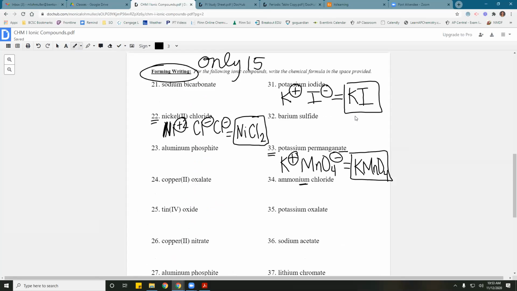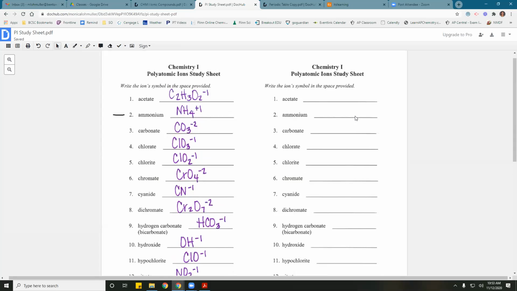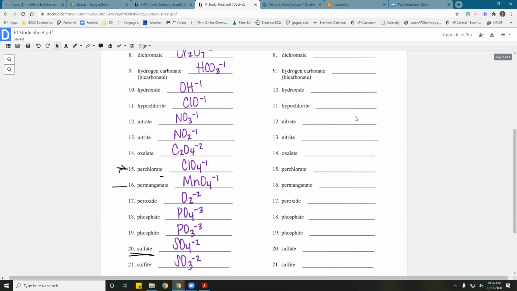So the correct answer for ammonium chloride is NH4Cl, because the chlorine has a -1, like we saw in number 22. And if ammonium has a +1 charge, it's just +1 -1 to cancel out, like that. So you just have to be careful, and we just need to start to get to recognize all of these polyatomic ions when we're doing them. What other questions do you guys have?